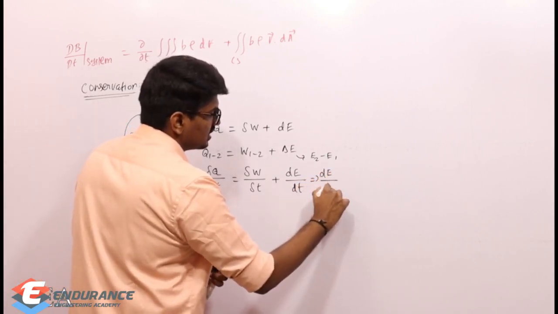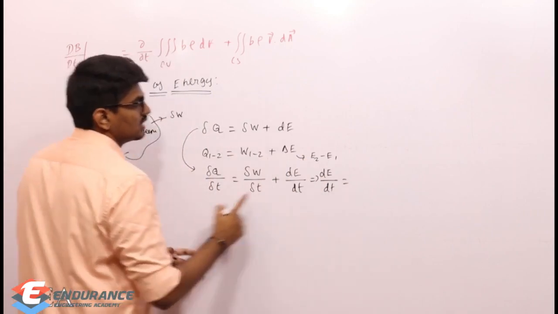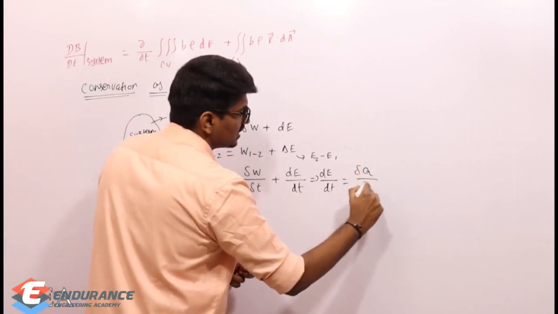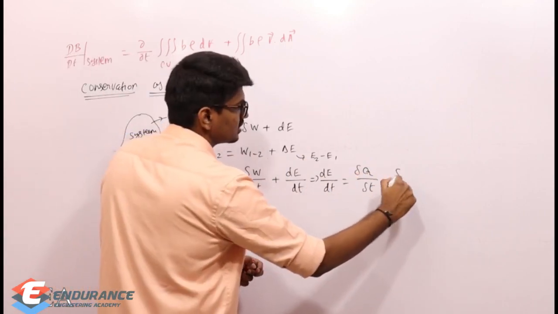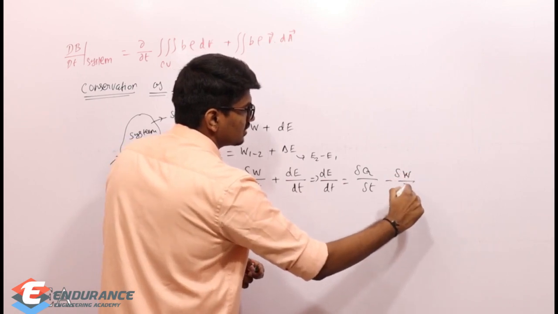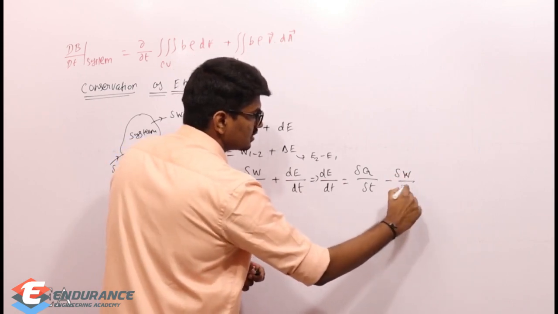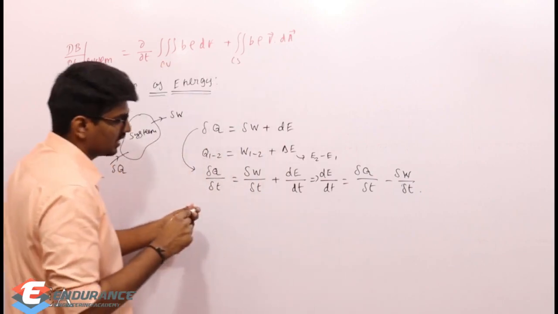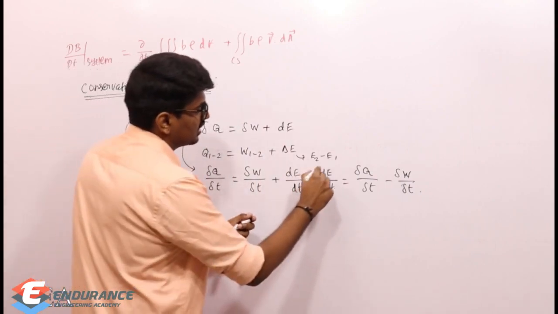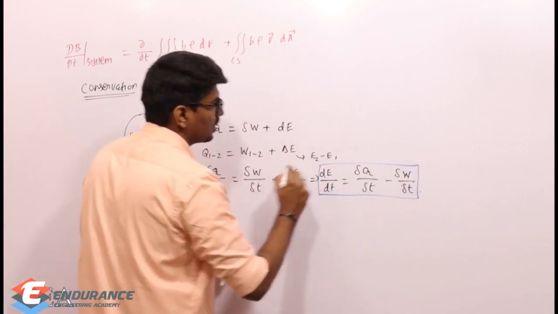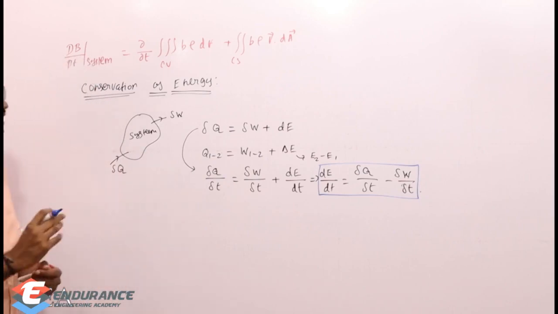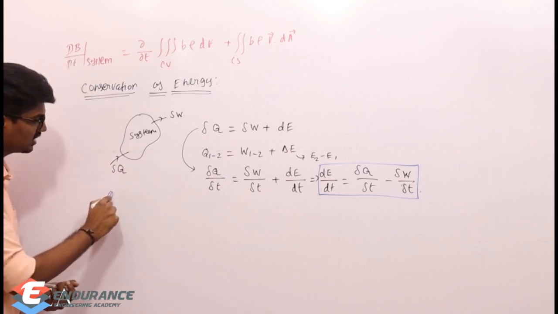So dE by dt will be equal to delta Q by delta T minus delta W by delta T. Just keep this equation in mind, and this equation is applicable for a system.